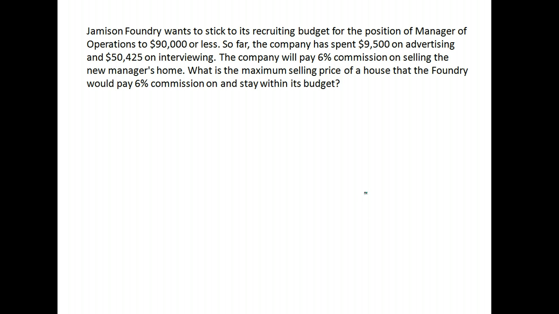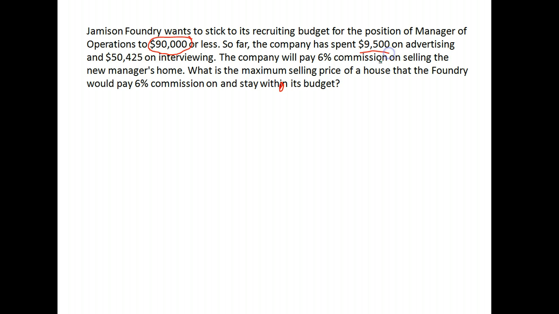Here's another example. Again, we have the same type of example. Maybe pause, go through it, see if you get the same answer as I do. Here is this management of operations position, and they're willing to spend $90,000 or less to find this person.